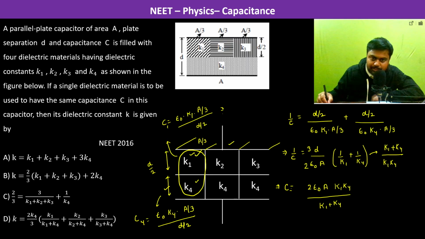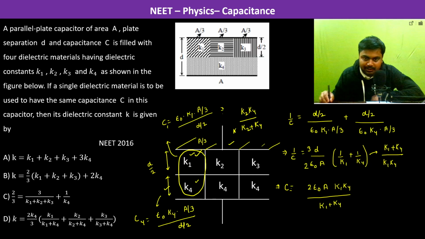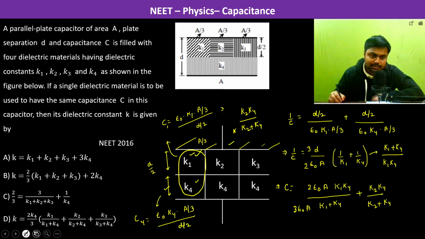Here it will be K2 K4 by K2 plus K4, and here the same thing with K3 K4. Since all of these are in parallel, we add up.